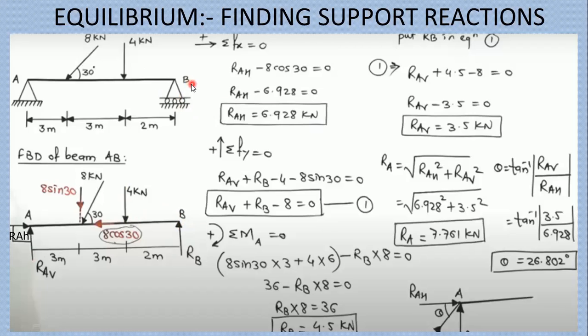This roller is free to move horizontally, so there will not be any resistance, and there will not be any horizontal force, RBH or RBX, because the rollers will not resist the movement. Only the vertical reaction RB is there, because the downward forces create a vertical reaction.